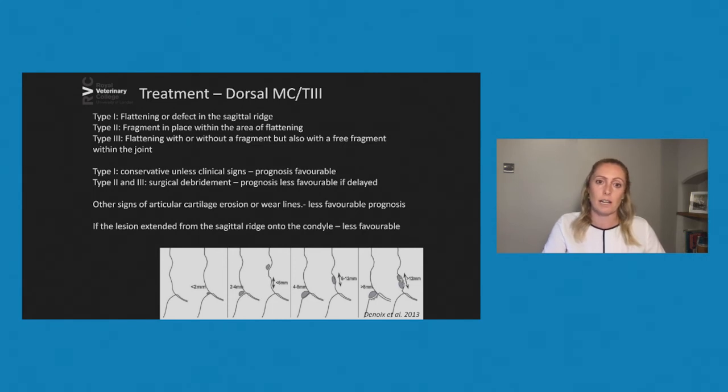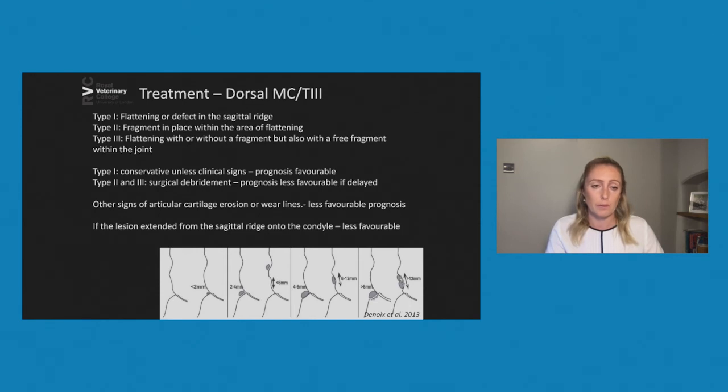When looking at the dorsal aspect of the third metacarpal or metatarsal bone, again, we have our different grades going from very minor to more severe osteochondrosis. With type 1, the conservative option is available unless the clinical signs are more severe, and the prognosis is favourable.